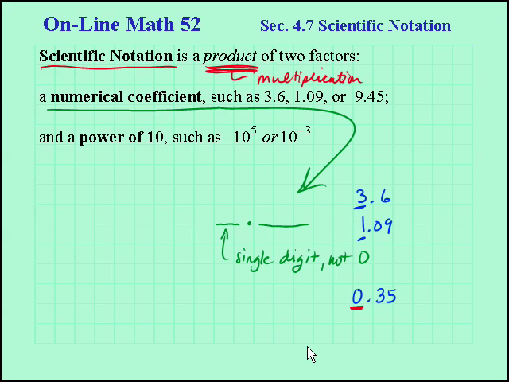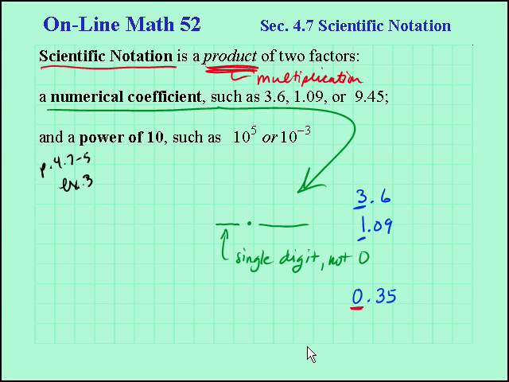So when we look at example 3, on page 4.7-5, you can look there. It gives us a number and asks us, could it be the numerical coefficient in proper scientific notation?